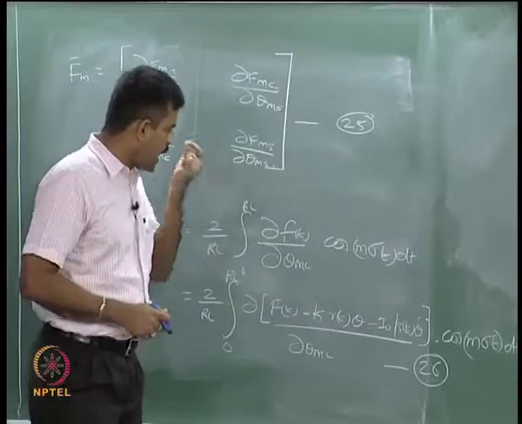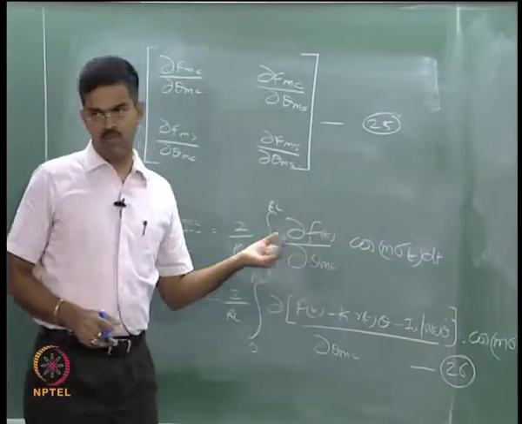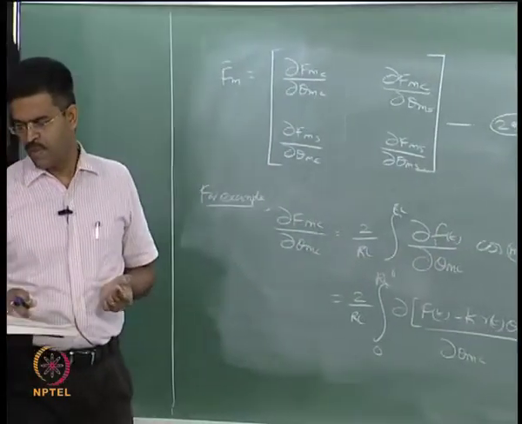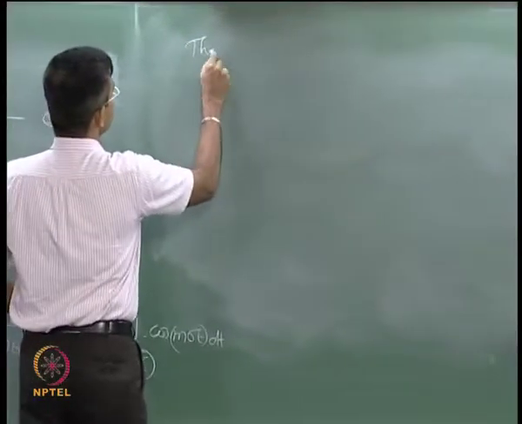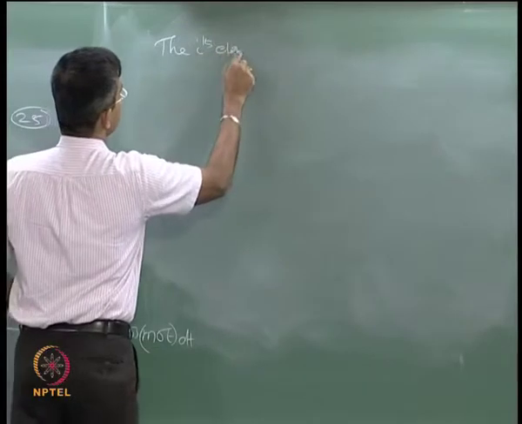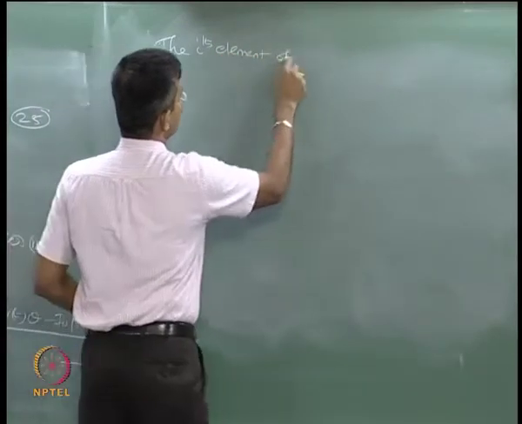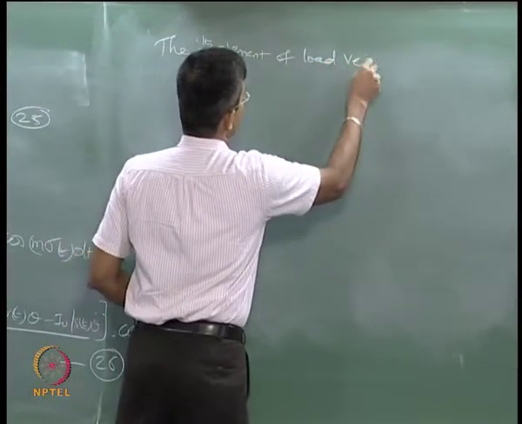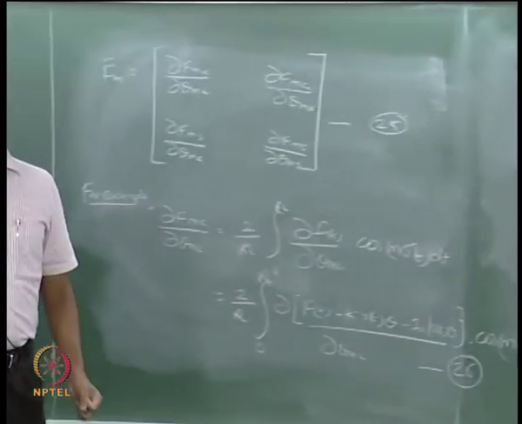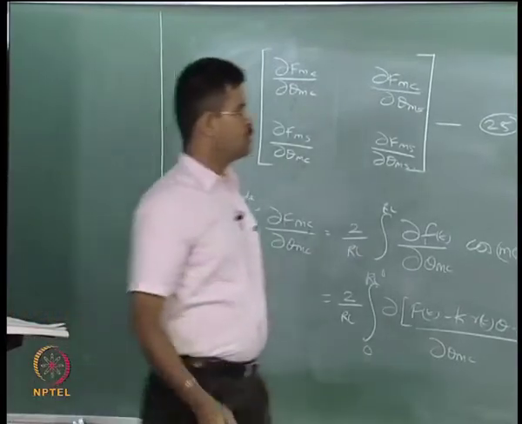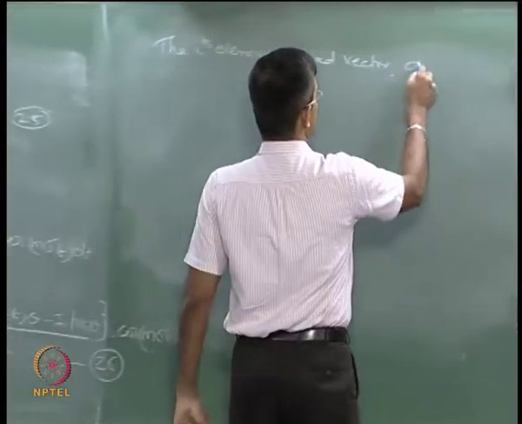Let us look at ith node how this f of t looks like. Okay. So, the ith element of the load vector of this load vector, due to, of course, I am taking only hydrodynamic.